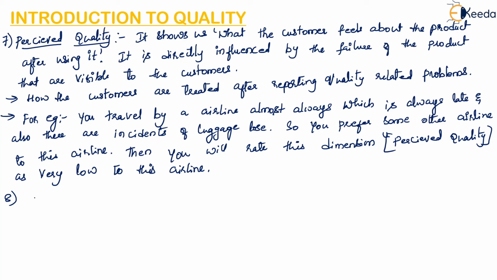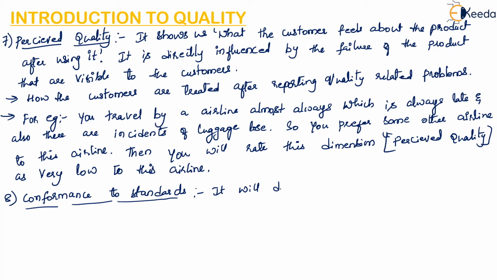The next dimension is conformance to standards. So this dimension gives us the degree of the product. Is it made exactly to the design or not?